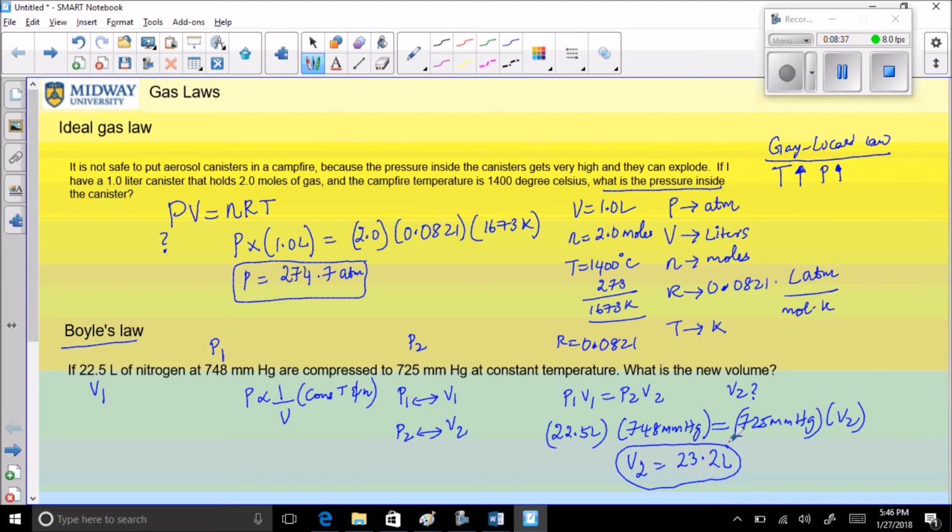I have worked out the problem here, so let's see if you can use this idea of volume versus pressure to better answer that question. Does your body pressure go up or down compared to the pressure at the bottom of the ocean? So this is the ideal gas law and Boyle's law.